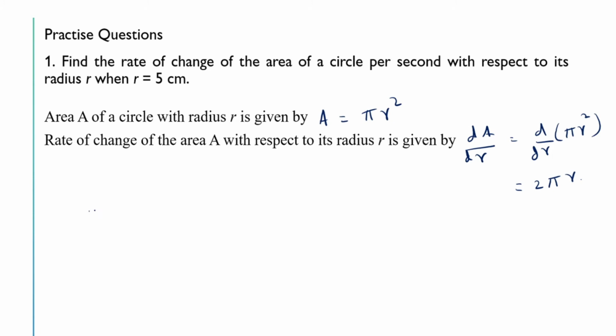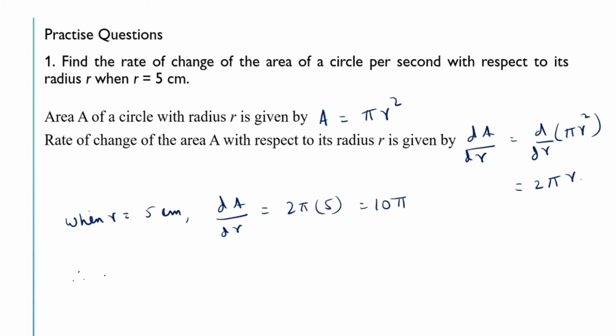Now they have asked the rate of change of area per second with respect to its radius r when r equal to 5 cm. So when r equal to 5 cm, dA by dr is equal to 2 pi into 5, that is equal to 10 pi.